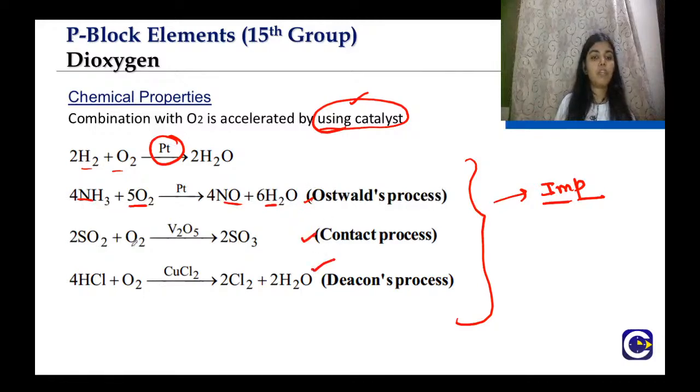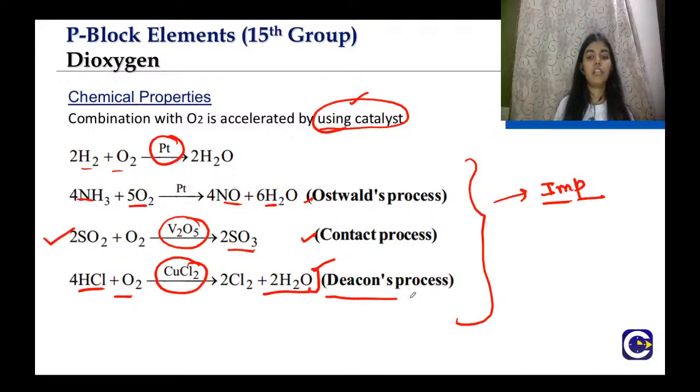So SO2 plus O2 in the presence of V2O5, which we have done many times, yields SO3. This is basically the contact process, in which SO3 is formed and the catalyst used is vanadium pentoxide, right. Here, HCl plus O2, if you use copper chloride, will lead to the formation of H2O and Cl2.